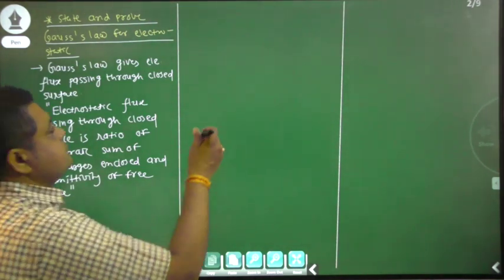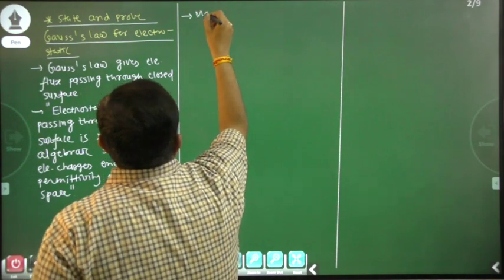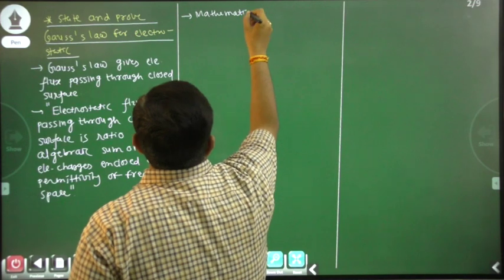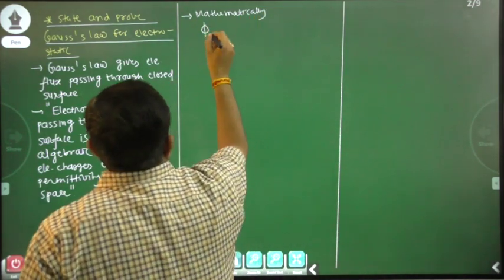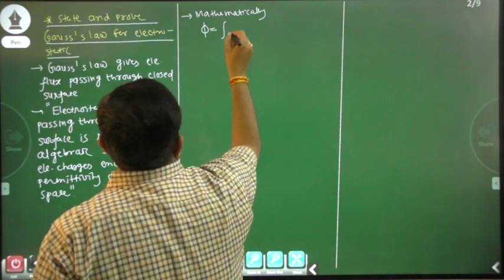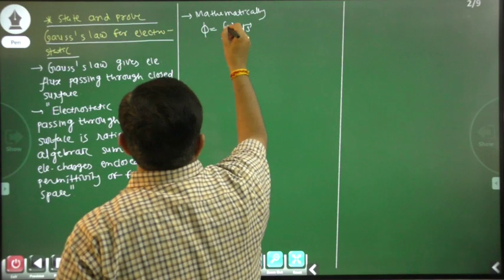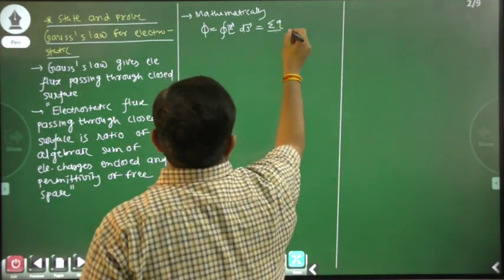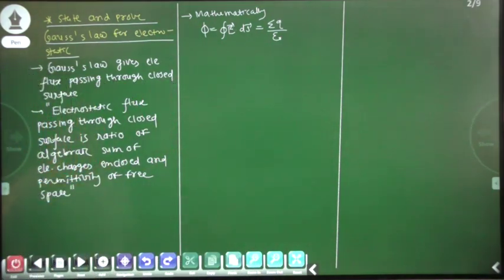So mathematically, flux phi, which is closed integration E dot ds, but this is for closed surface, equals summation q by epsilon naught, where summation q is algebraic sum of electric charges enclosed.